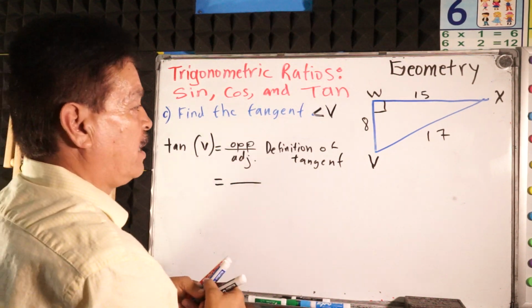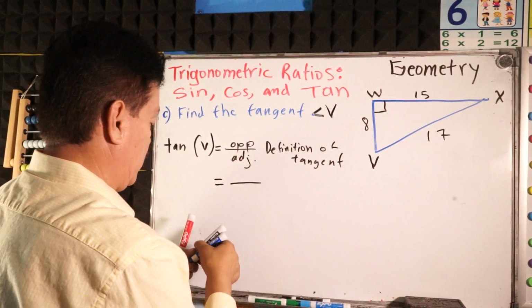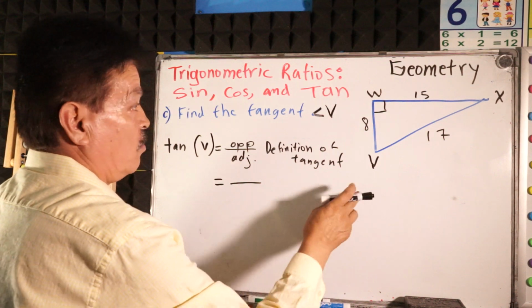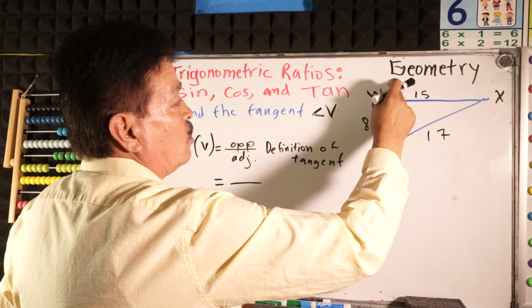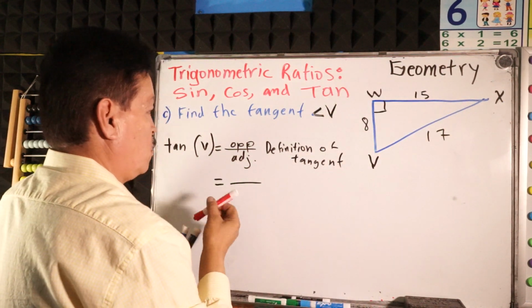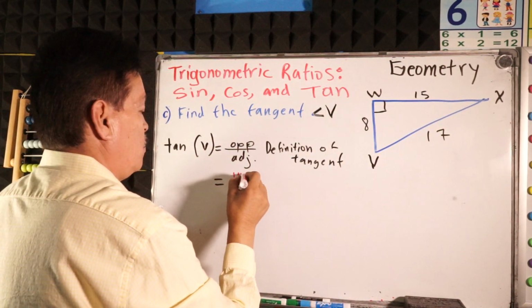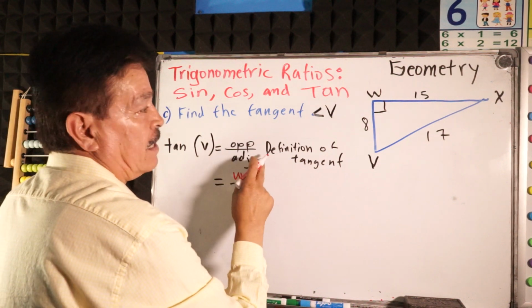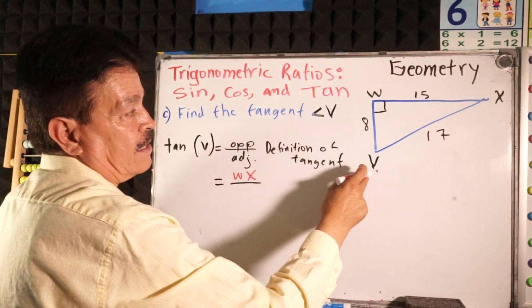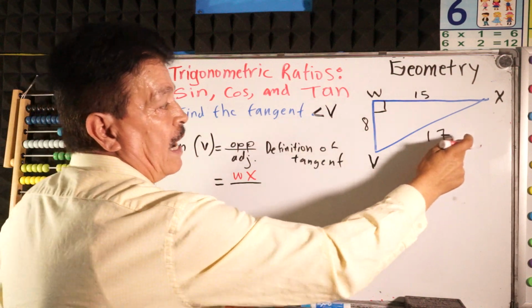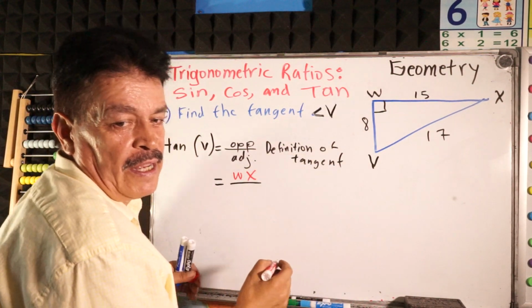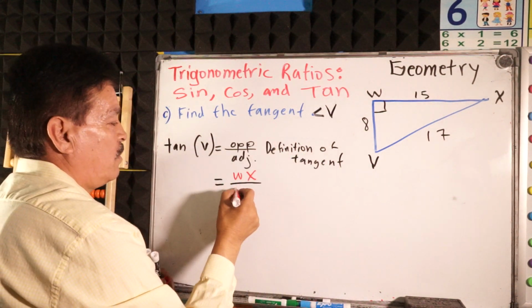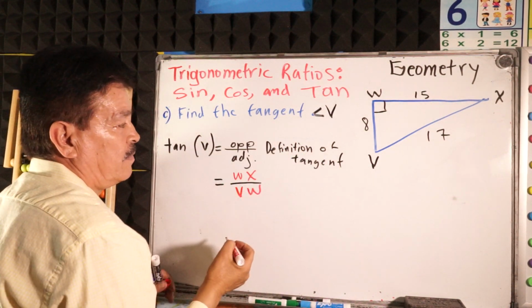So what is the opposite? We are talking about this angle, the opposite side of B is this one, WX. And the adjacent side? What is the adjacent side? Is this one, because the other is the hypotenuse, right? So then it's BW.